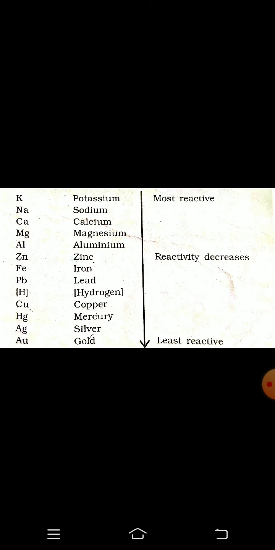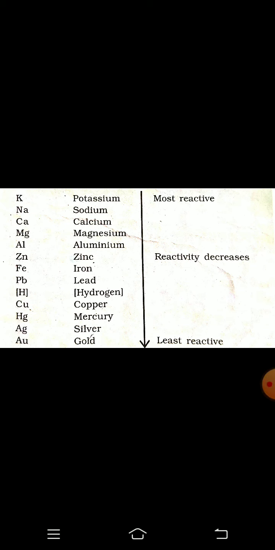If we have zinc and copper sulfate solution, will a displacement reaction take place? Yes. In the reactivity series, you can see zinc is more reactive than copper. So zinc will displace copper from its copper sulfate solution. Let us take another example. Lead, that is Pb, plus copper chloride.